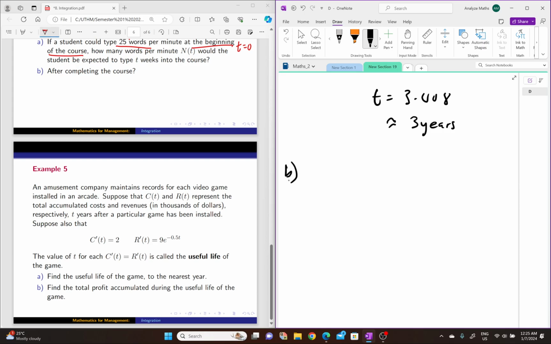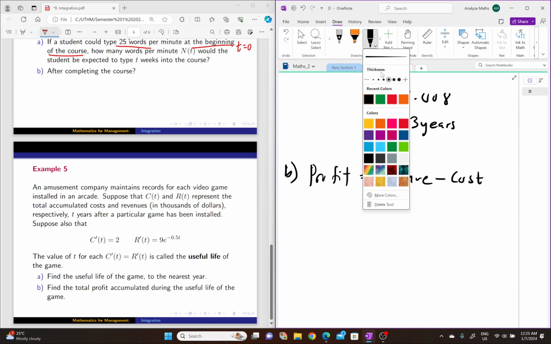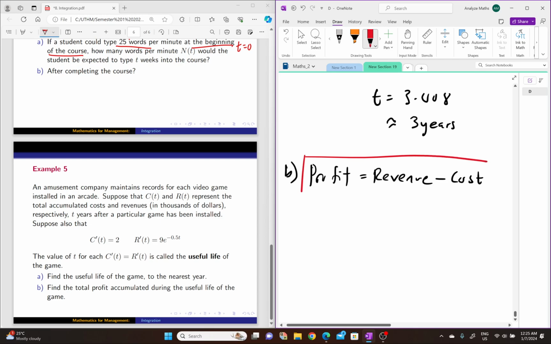So profit is what actually? Profit is revenue minus cost, that is profit. So we have to find what is the revenue function now.